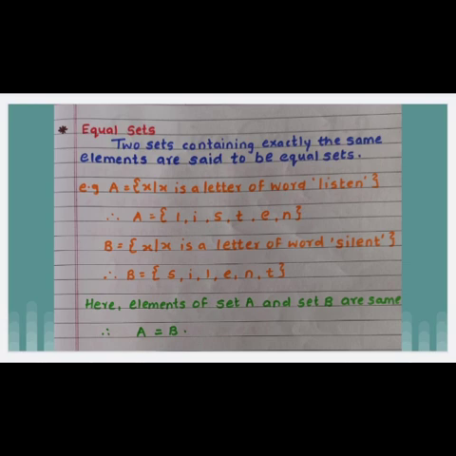Therefore B is equal to curly bracket and letters from the word silent, that are S, I, L, E, N and T. Now students, observe both the sets A and B carefully. You will come to know that the elements of set A and set B are the same. Therefore, A and B are equal sets.